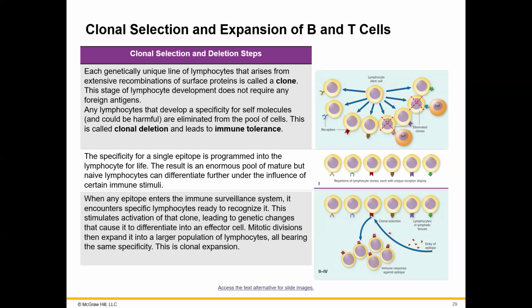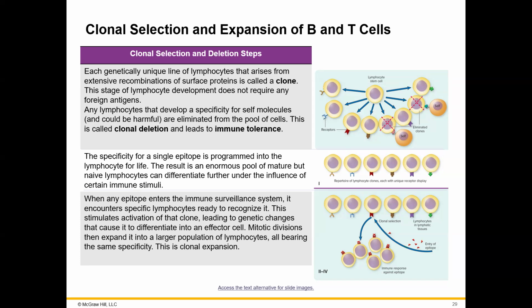So to put this in other words, a potentially problematic outcome of random genetic assortment could be the development of clones of lymphocytes that are able to react to the body's own cells. That would lead to severe damage if the immune system is perceiving self molecules as foreign and was mounting a harmful response against the host tissues.